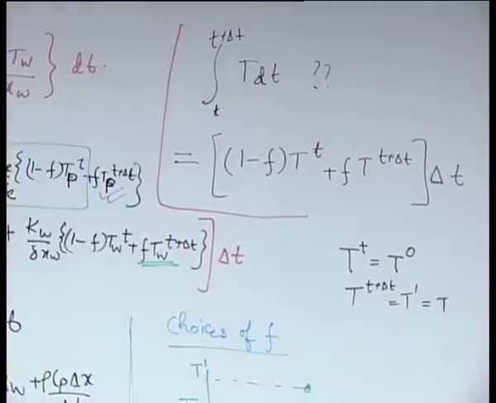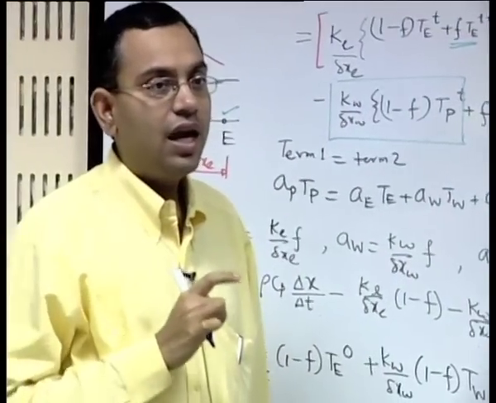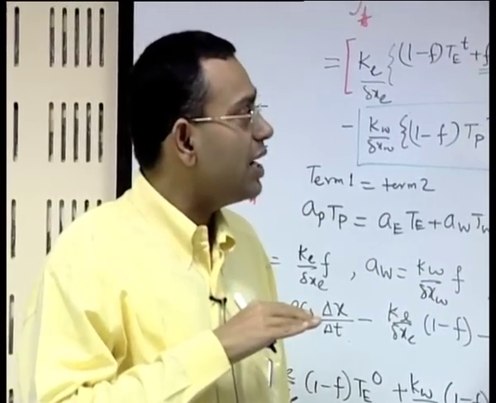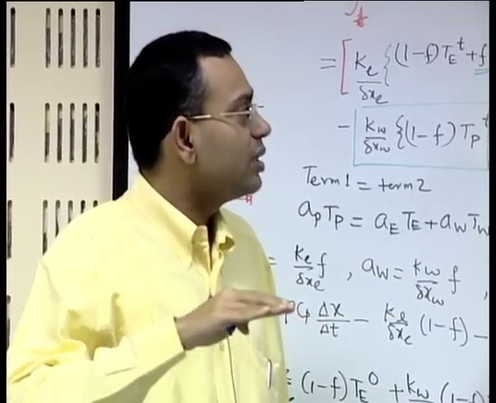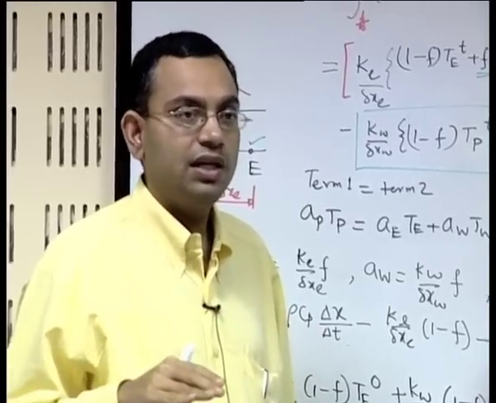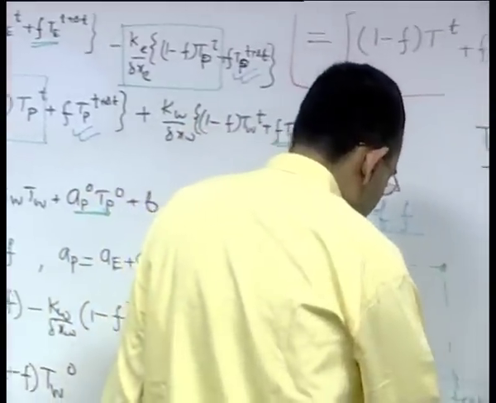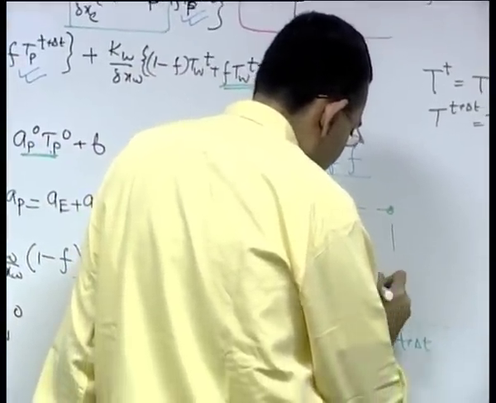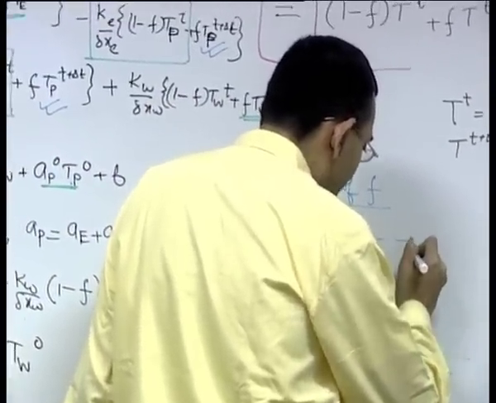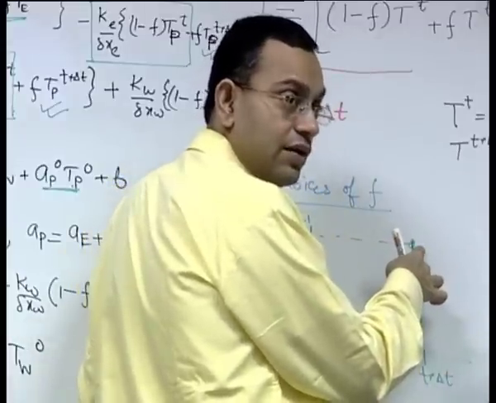So what is the implication? The physical implication is we have considered a profile as if the temperature has been throughout T0 over the time interval from t to t plus delta t. So it is throughout T0, but at the end it has to jump and match with T1 because that has to be satisfied.